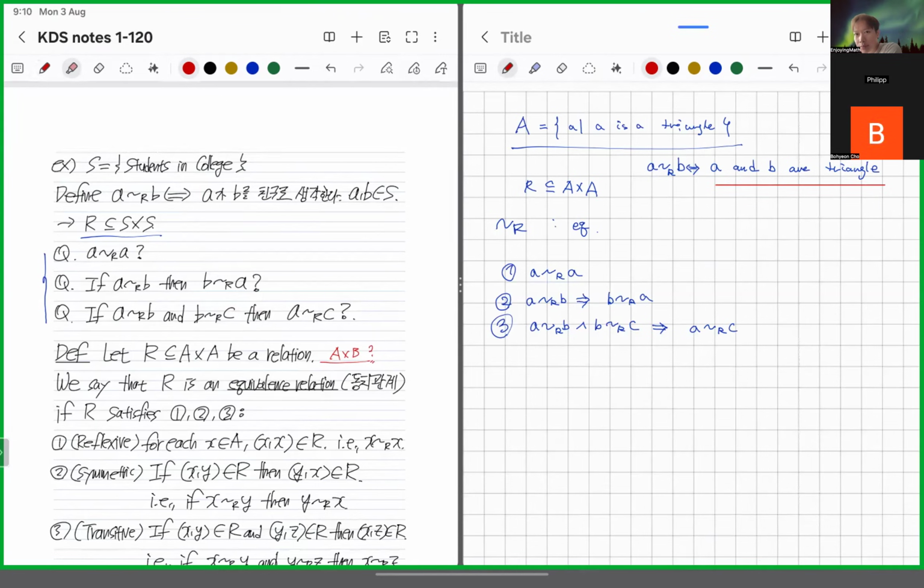Okay. So if we use this statement, I think it is meaningless to think about an equivalence relation, because A and B are triangles means A and B are just elements of a set, so we don't even have to introduce a relation or Cartesian products.